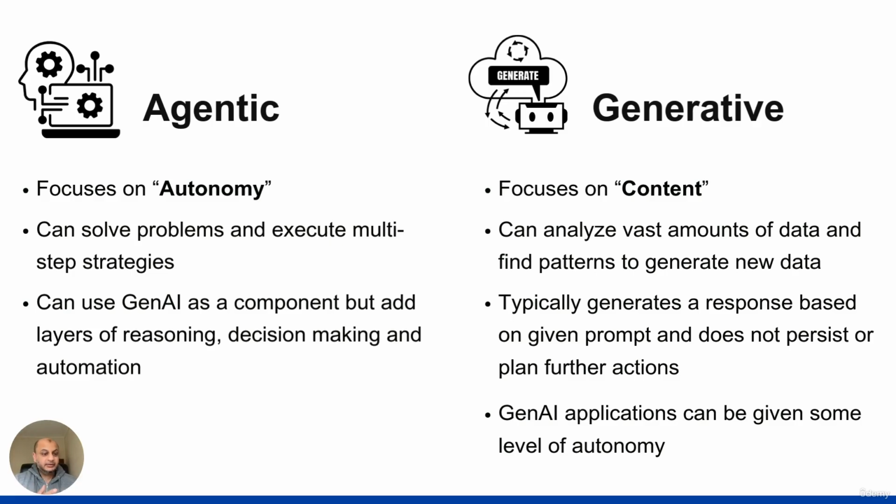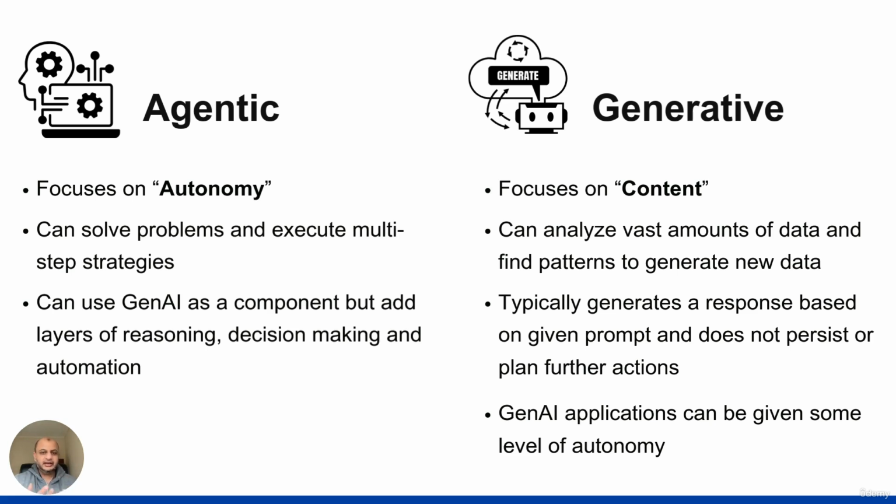One very important thing: agentic AI does a lot of times use generative AI, like a large language model such as ChatGPT, at the back end for reasoning. But what it does is add layers and layers on top of it. It allows it to break things down, make decisions, make automations, right? Like we talked about: perceive, reason, act, and learn. That is there, but the main thing is autonomy.